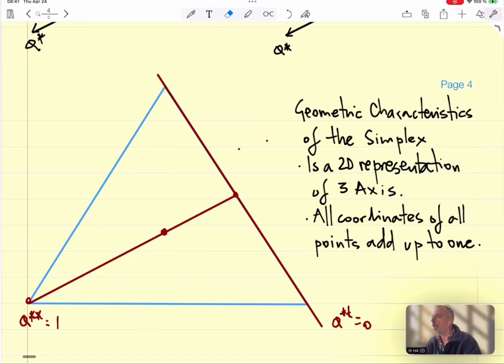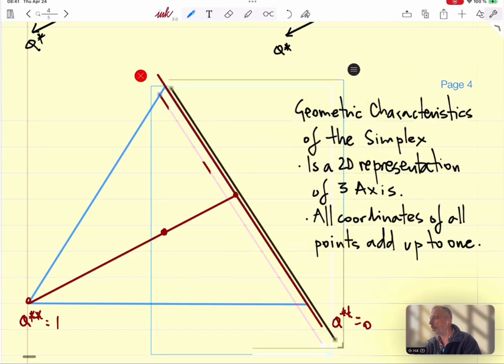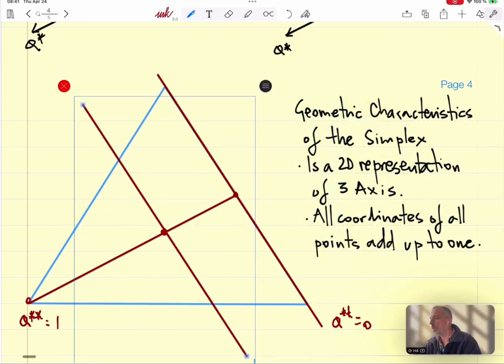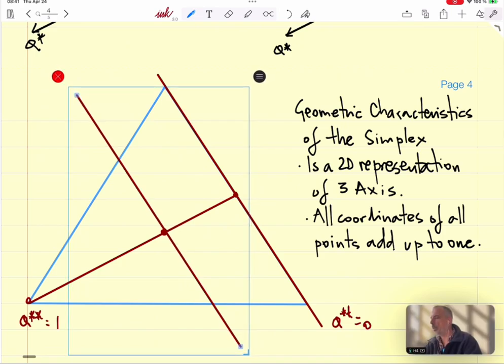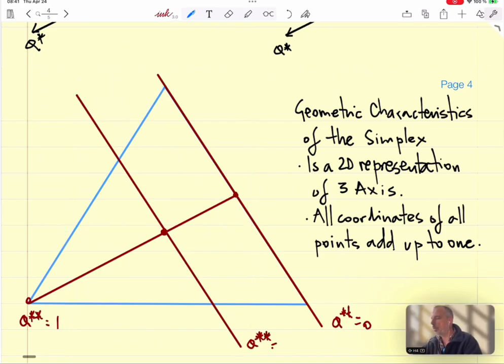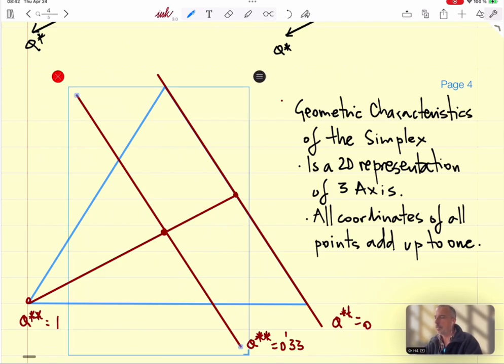Here we have a Q star star value of 0.33, and all points in this line, parallel to this, have a Q star star value of 0.33, which means, and this is important, the scale of this axis is not linear.